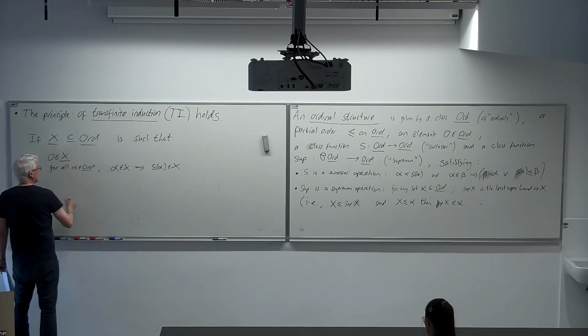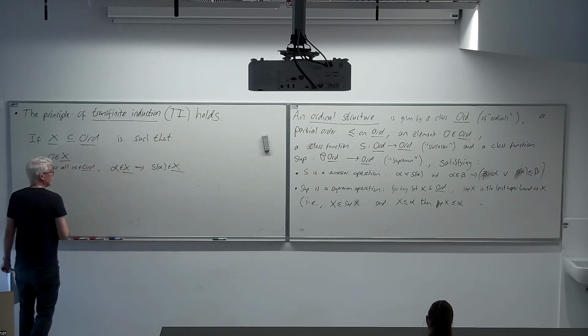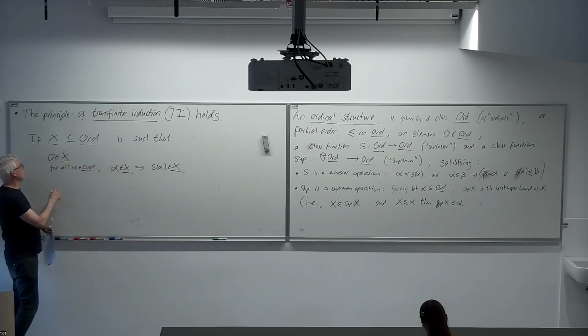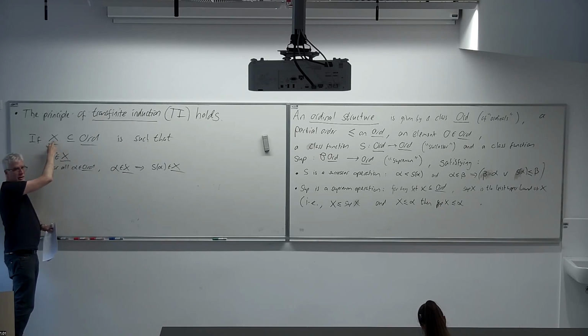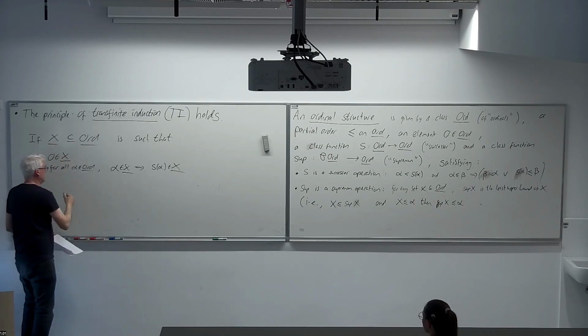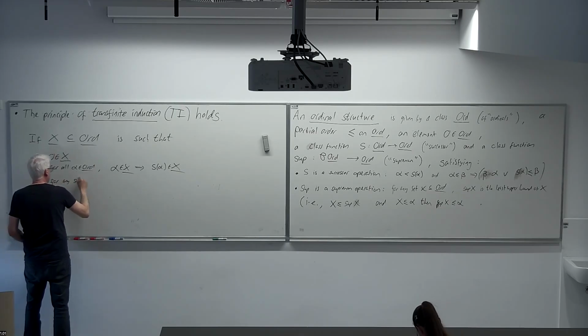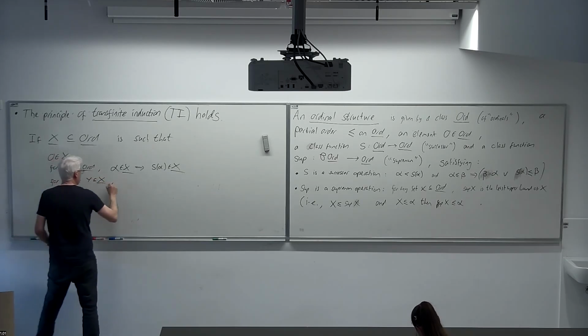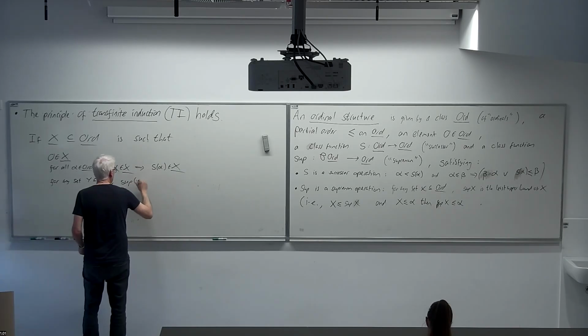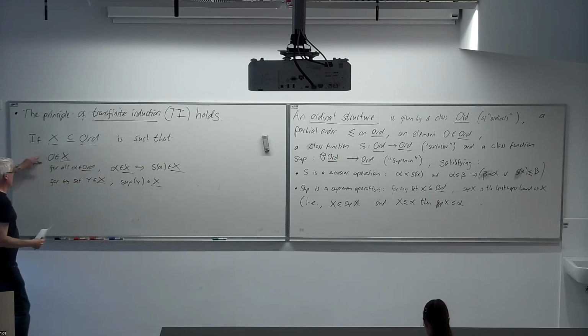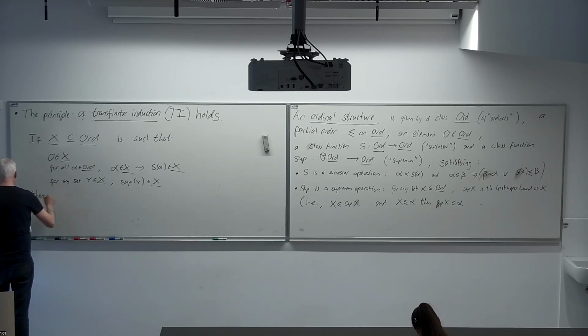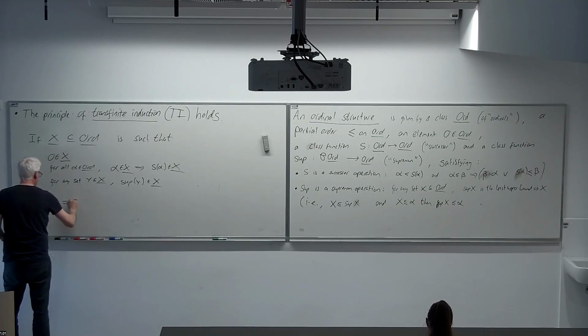X is a class. To say it's closed under the supremum operation, that's saying that if we've got any subset Y of the class X, its supremum should also be in X. So for any set Y, which is a subset of the class X, supremum Y belongs to X. So if it contains 0, is closed under the successor, and closed under the supremum, then X is the class of all ordinals.